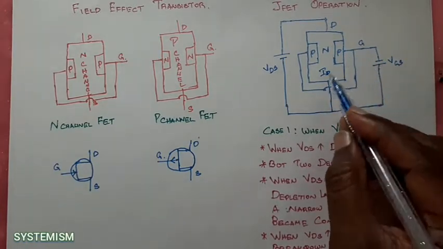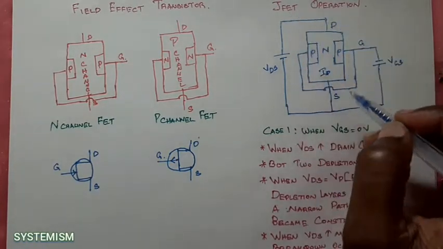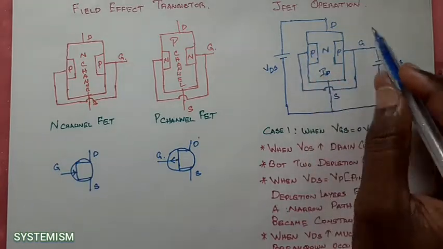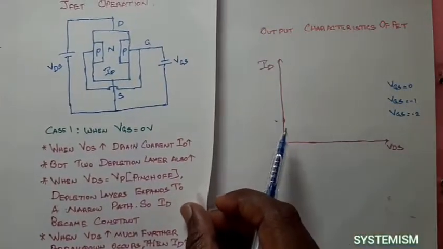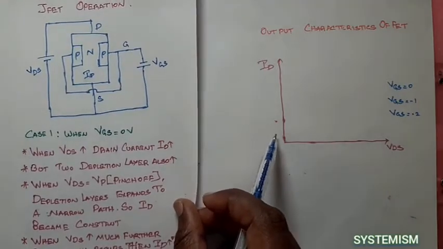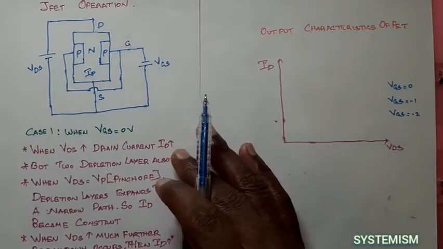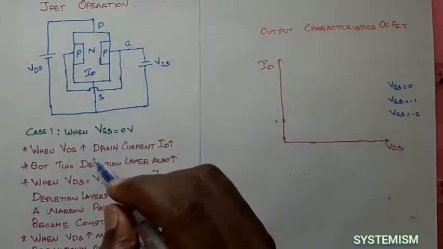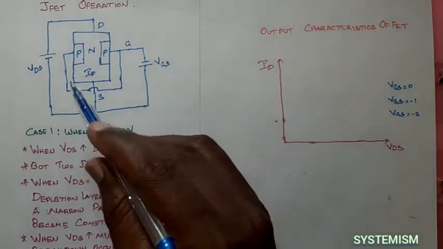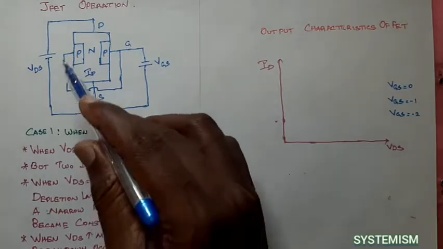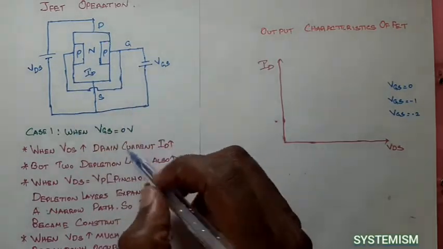Okay. So now we have to know about the operation of this field effect transistor. To know the operation, we should know the real idea of the output characteristics of this transistor. Both are equivalent, both are the same. If you understand the output characteristics, it is equivalent to understanding the operation of this field effect transistor.